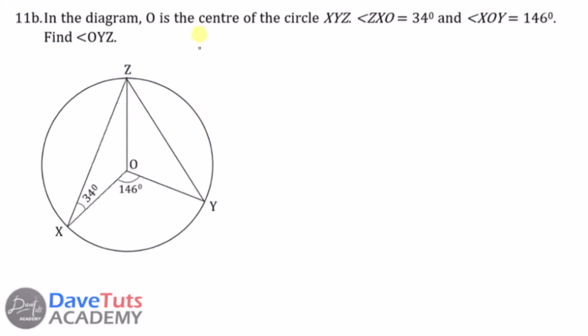In this question on circle theorems, we are told that in the diagram, O is the center of the circle x, y, z. So we have this circle, and O is the center. Angle ZXO was given as 34 degrees, and angle XOY was given as 146 degrees. Our mandate is to find angle OYZ.